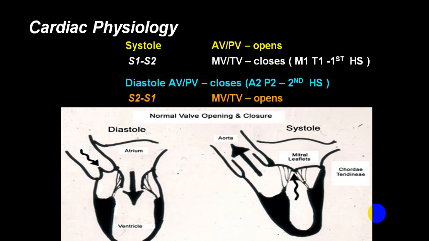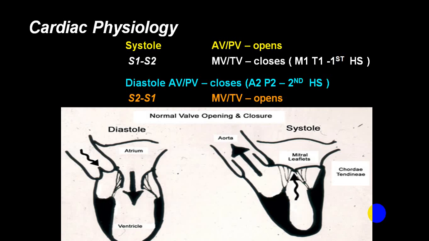And there is a short period we call the isometric contraction period. So we don't go into that cardiac cycle detail at present. Closure of the mitral and tricuspid valves produces the first heart sound, we call M1T1. Closure of the aortic valve and pulmonary valve produces the second heart sound, we call A2P2. Just after A2P2, the ventricular diastole will begin.